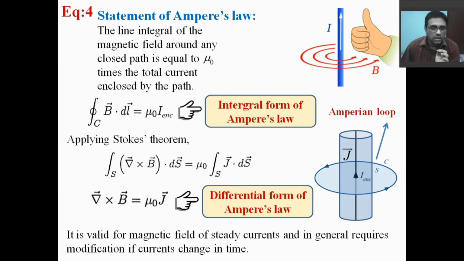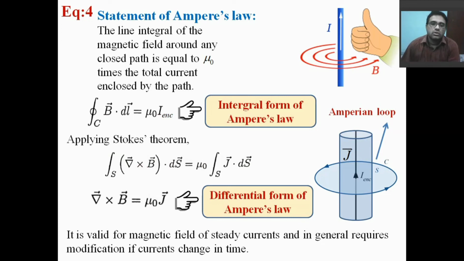Now one thing I want to mention: sometimes you see we put this del operator. This is called the del operator, you know, i del del x plus j del del y plus k del del z. This is a vector operator, okay. This is curl, so there is a cross. If it is del dot, that becomes divergence, as I already told, divergence of magnetic field, divergence of electric field, right?